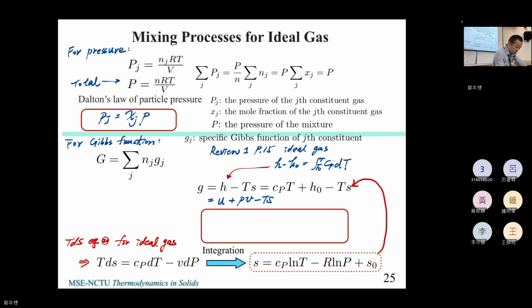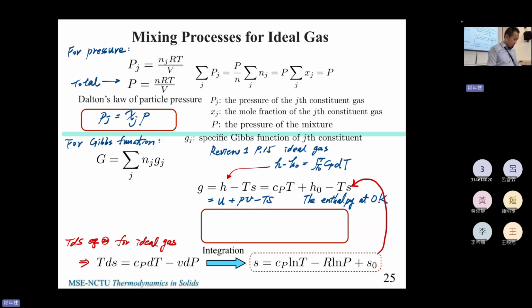By the way, H naught is the enthalpy at 0 K, so it's just a constant.